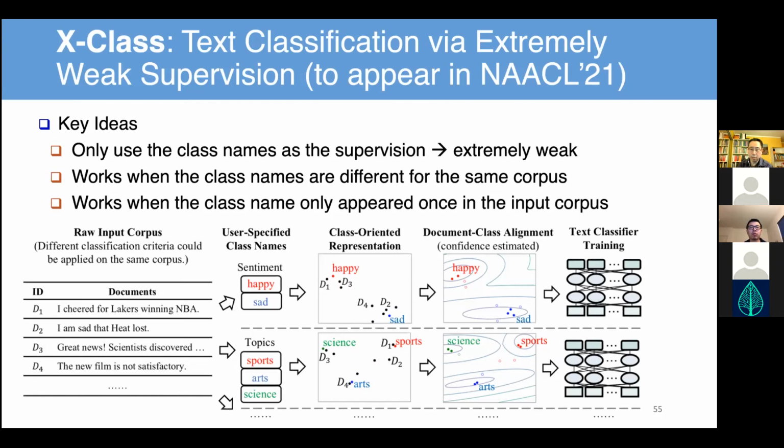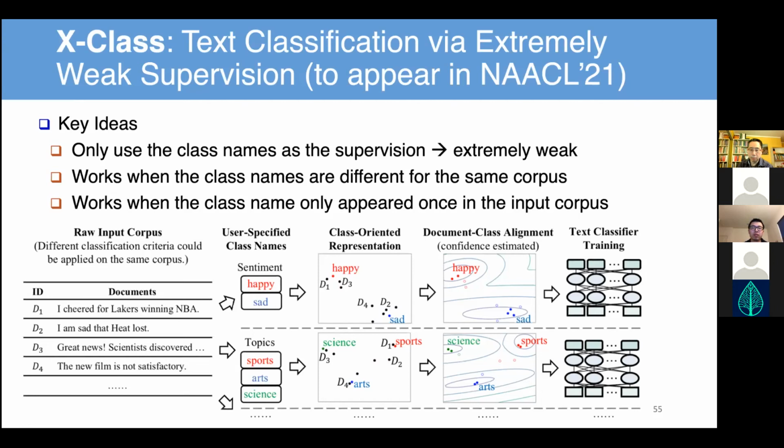My question is, in the class names for the news articles, what could the class names be? Are they topics like politics and sports, or could they be sentiments also? For sentiment, as you can tell from this figure, you can provide happy for positive and sad for negative. That's the only thing you need to provide. Let's say I have a bunch of news articles, would I specify topics or sentiments?